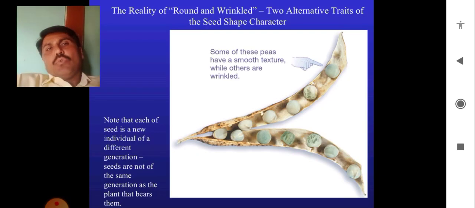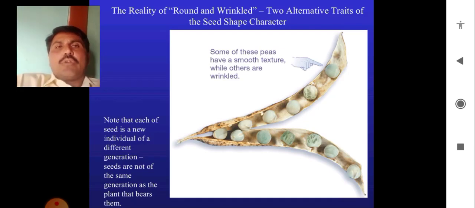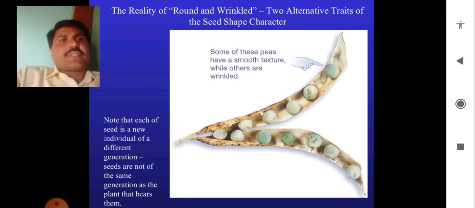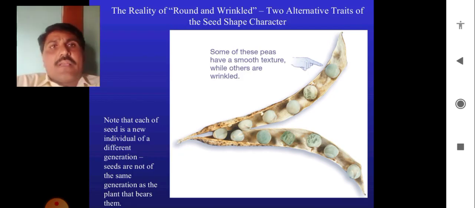Now we move towards the texture, having seen the color of the seeds in the monohybrid cross. Now we move to the texture of the seeds. Look at these pods. This is the Pisum sativum pod, with round and wrinkled seeds, two alternative traits of the seed shape character.